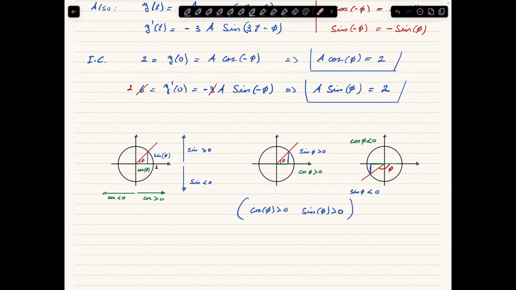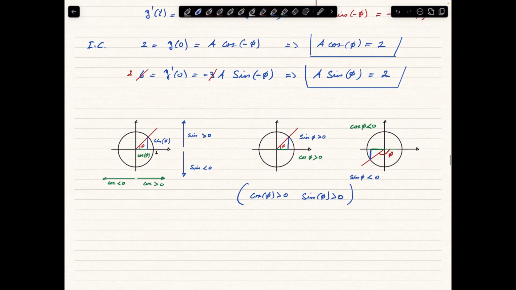How do we compute the amplitude? To compute the amplitude, we need to get rid of the sine and the cosine. One way to do that is to compute the squares on both sides and add up. Let's do that and see what happens. Let's compute the square of the first equation and add up to the square of the second.